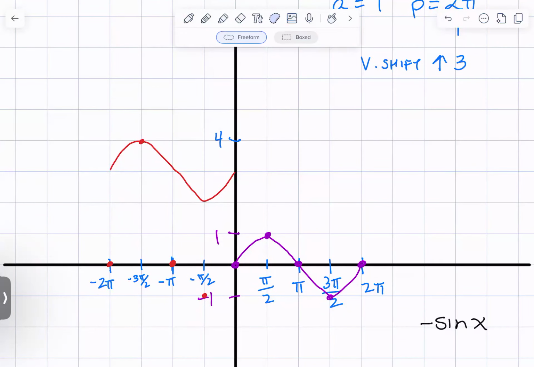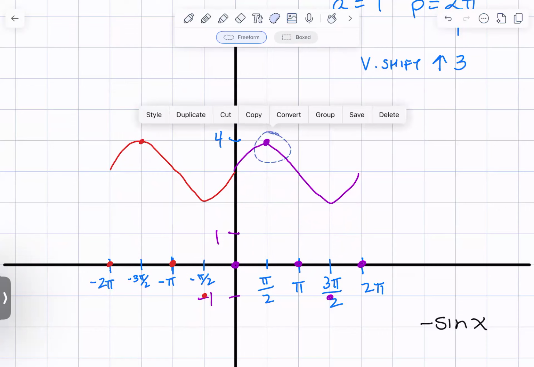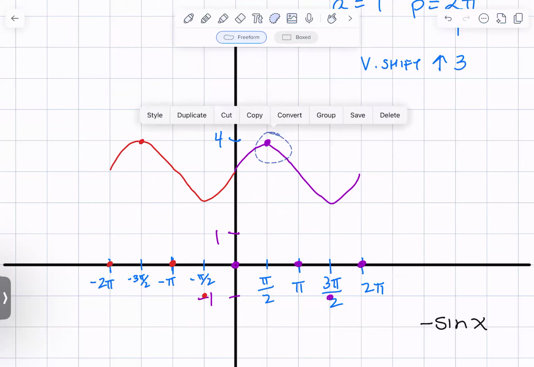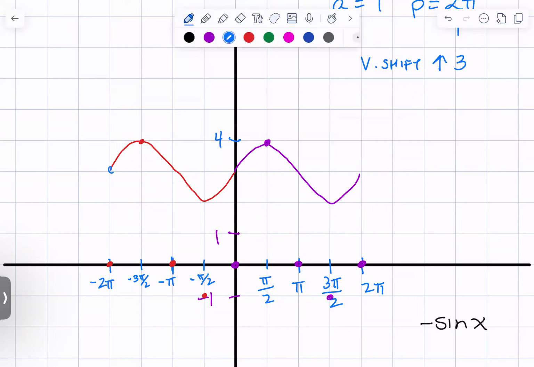So there's my graph. If I move this guy 1, 2, 3, it should connect about the y-axis again. Since my points didn't transfer over, I'm going to color them in.